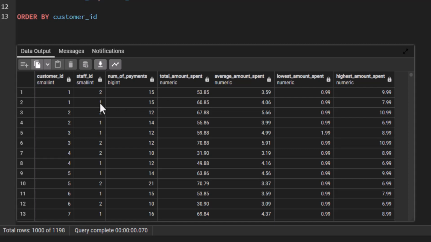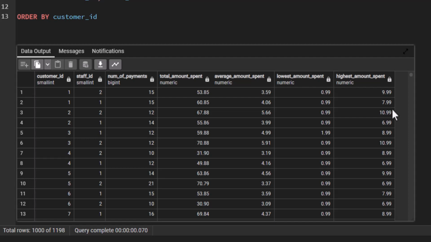When attended to by staff ID 1, he spent $60.85. Can you see that now? When attended to by staff ID 2, the highest he spent was $9.99. However, for staff ID 1, he spent $7.99. I hope you guys understand this now.